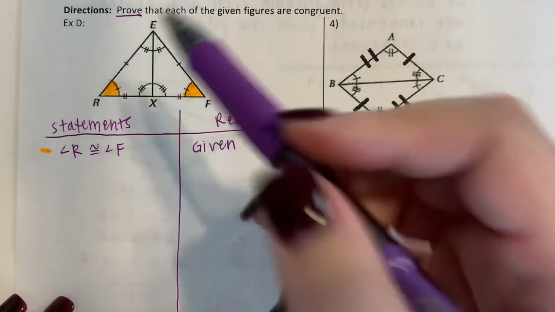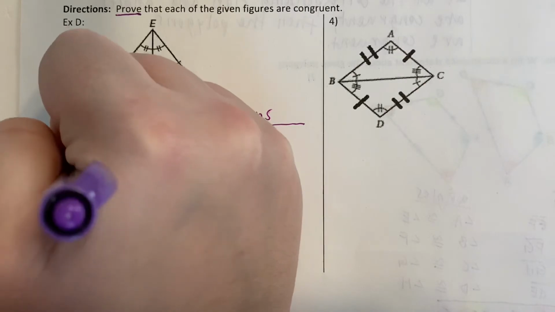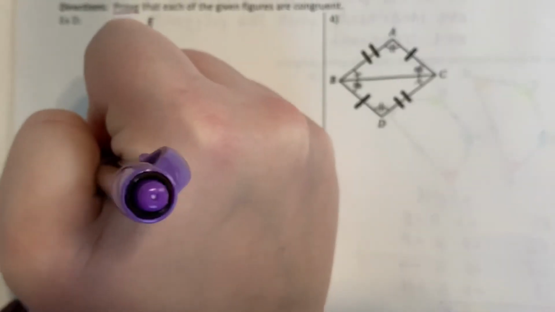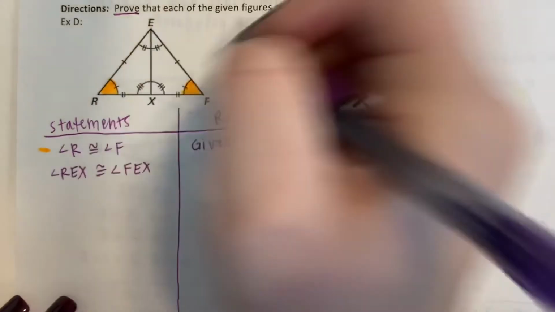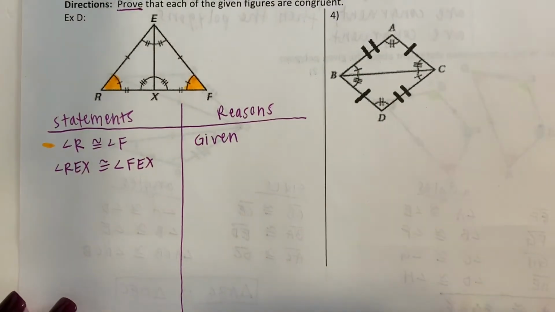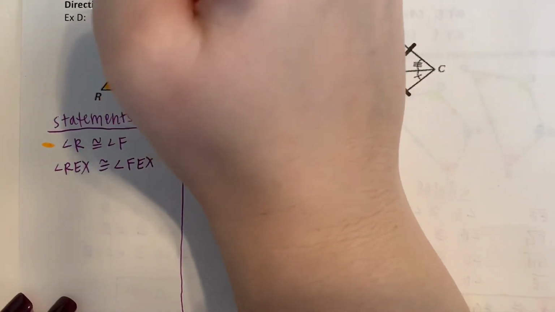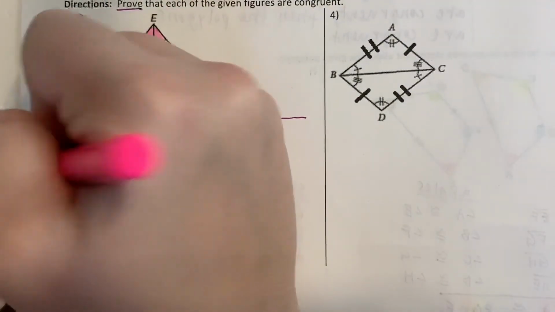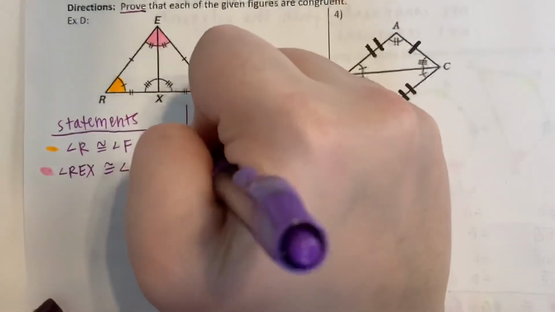So I could say angle REX is congruent to angle FEX. And again, the reason that I have to use 3 letters is because there's 2 angle E's. Keep in mind, E is my vertex, so E is staying in the middle there. And my reason for this is given from the figure.